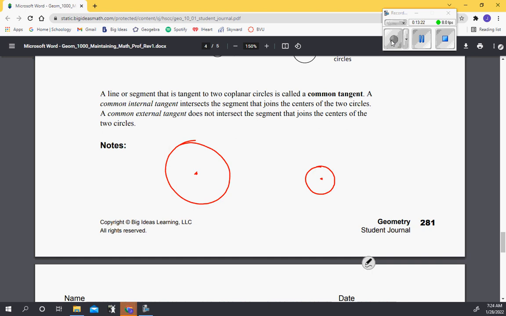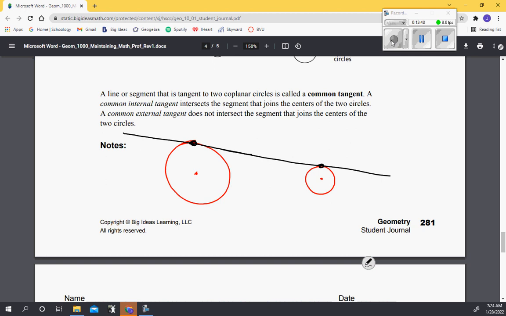Remember, a tangent is a line that goes by a circle and touches exactly 1 point. A common tangent keeps going and touches both circles at their tangent point. Notice it's the same tangent line.